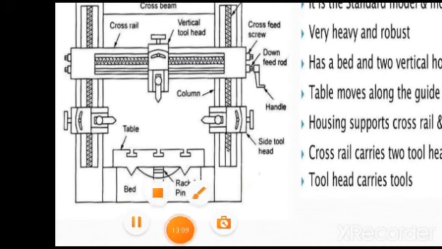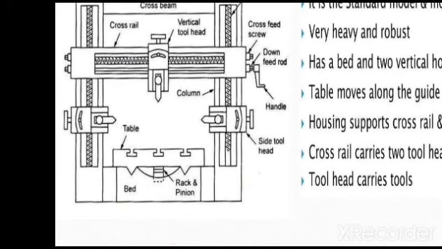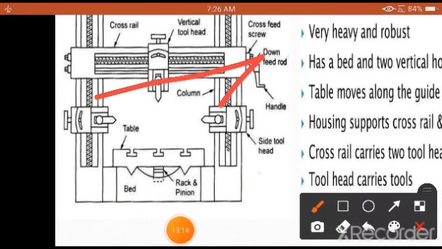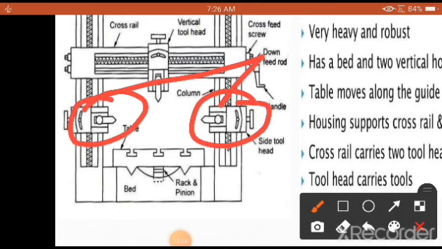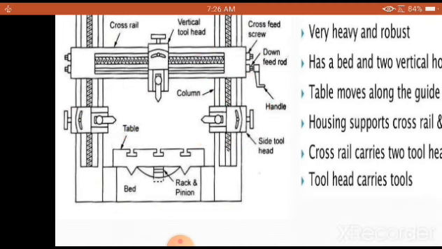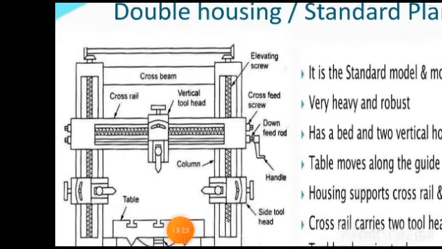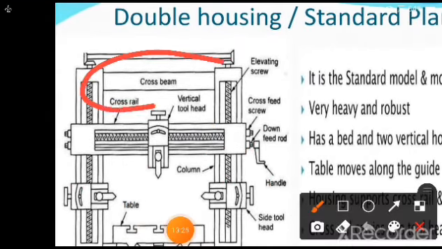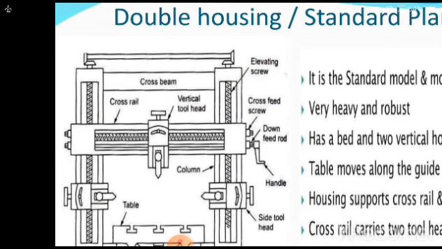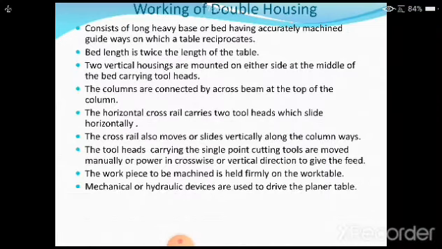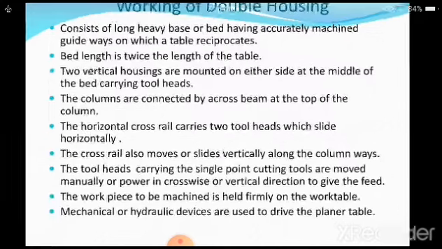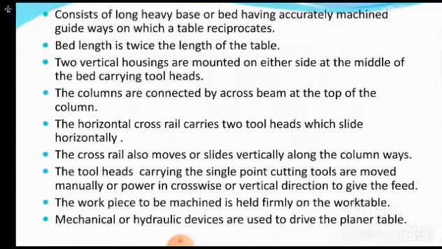They are provided with the tool heads and also the cross rail, and these columns are rigidly held with the help of a cross beam. This cross beam holds the columns firmly, and the columns are located exactly at the middle of the bed portion, not at the front.